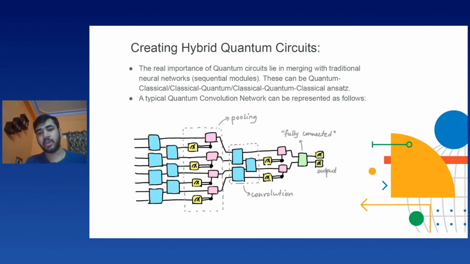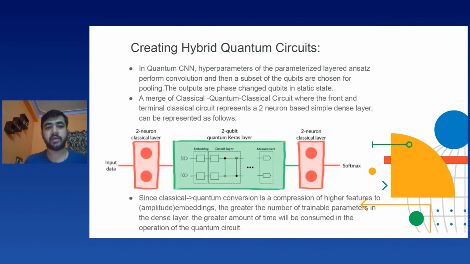So yeah, this is an example taken from PennyLane. In a quantum CNN, we are trying to build a 2-neuron classical layer. You can see it over here. And we are trying to build a quantum circuit which contains, let's say, different gates. It can have a Hadamard gate, it can have an S gate, or any kind of U gate, right?